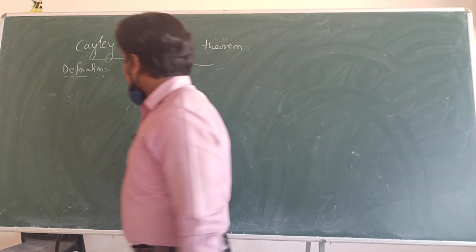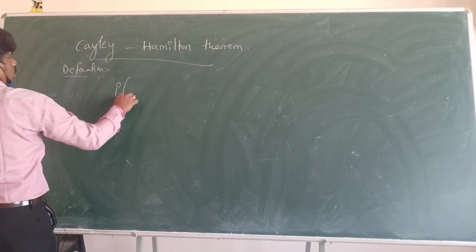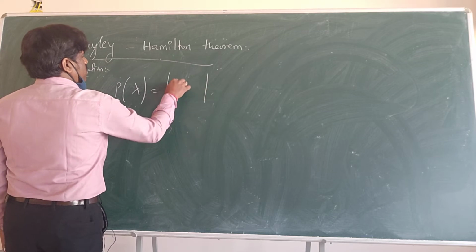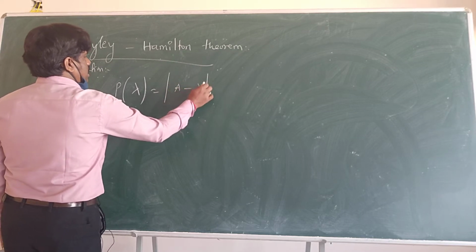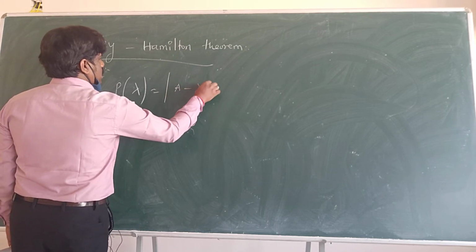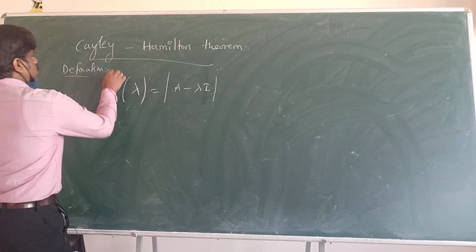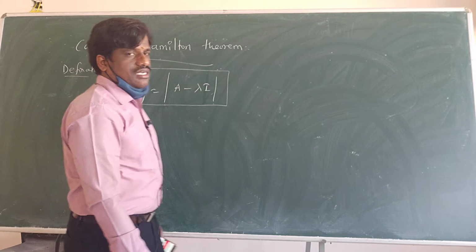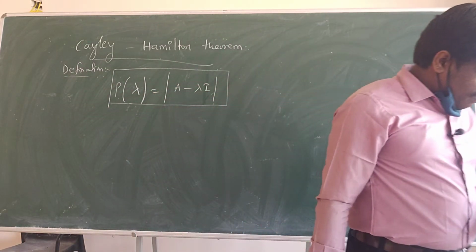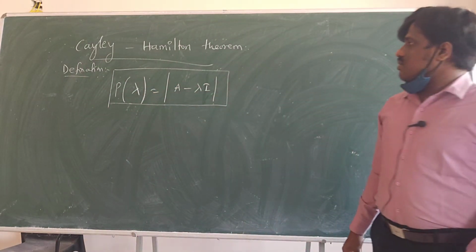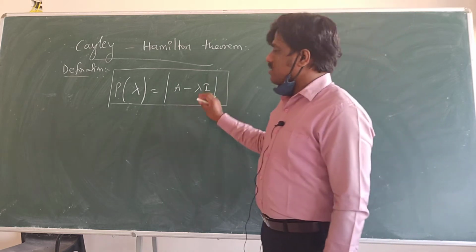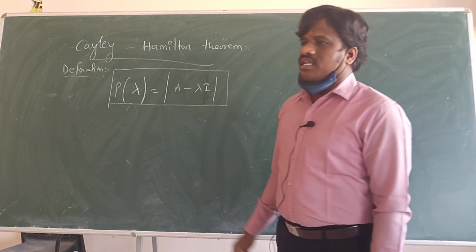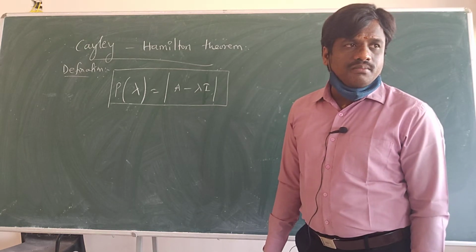That is, we write P of lambda is equal to determinant of A minus lambda I. This is called the characteristic equation, where A stands for the matrix, lambda is any constant, and I is the identity matrix.